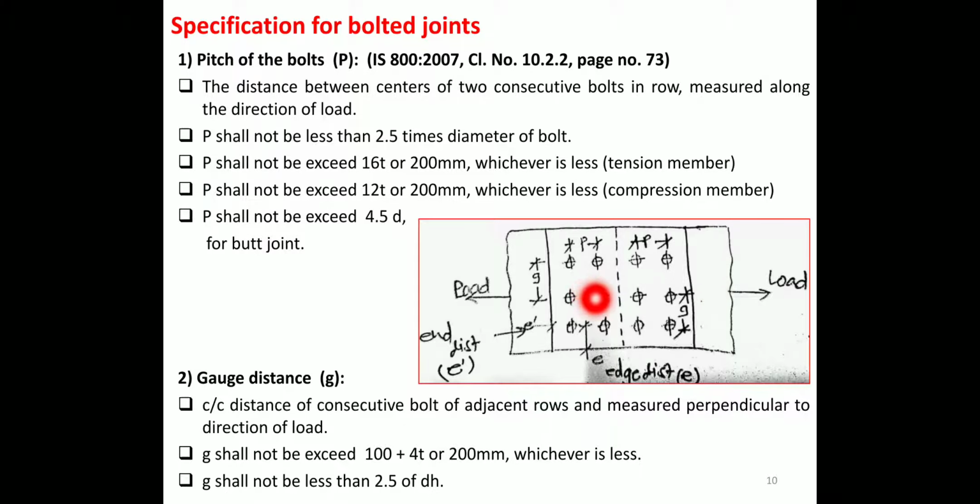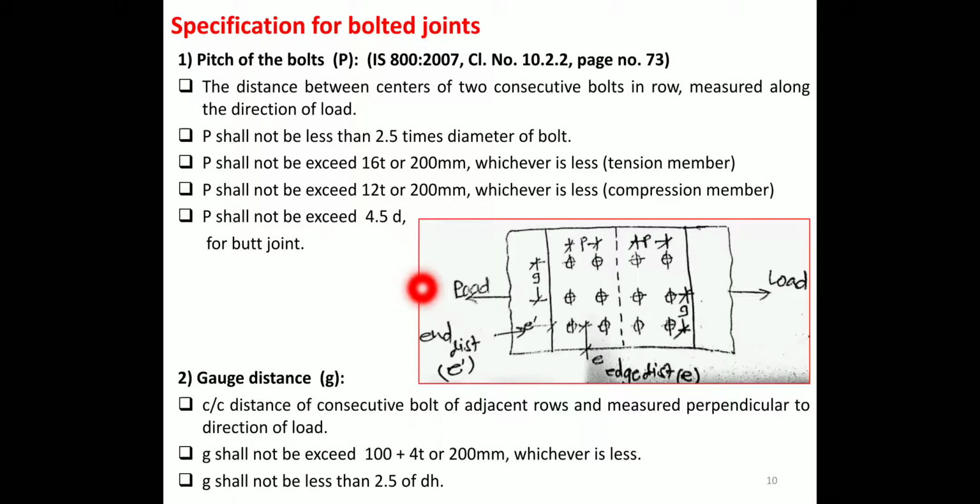This pitch shall not be less than 2.5 times the diameter of the bolt. Under this specification, pitch P shall not exceed 16 times the thickness of plate or 200 mm, whichever is lesser, and it is applicable to tension members. Again, P shall not exceed 12 T or 200 mm, whichever is less, for compression members. And the last criterion for pitch is that P shall not exceed 4.5 times the diameter of the bolt for butt joints.